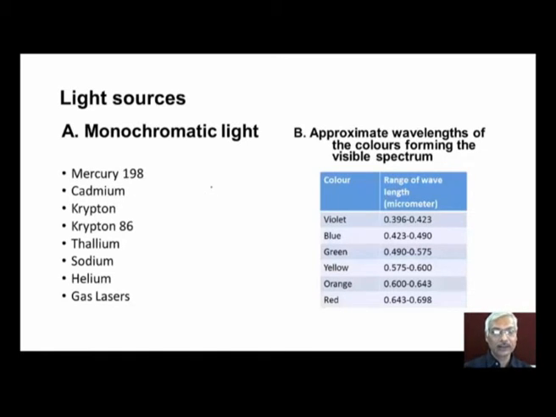So monochromatic light sources are developed which will have a sharp wavelength. Mercury 198, cadmium source, krypton, sodium, helium, gas lasers are developed, and these monochromatic light sources are used in making of interferometers.